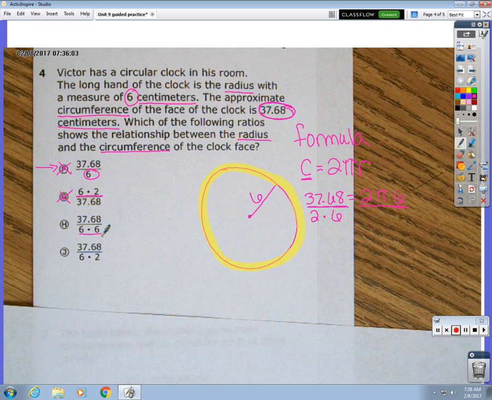We want 6 times 2, because in our formula we have 2 times pi times r, and our radius is 6. On answer choice J, we have the circumference, 37.68, divided by 6 times 2, which is what we have over here. So answer choice J is the best answer for problem number 4.